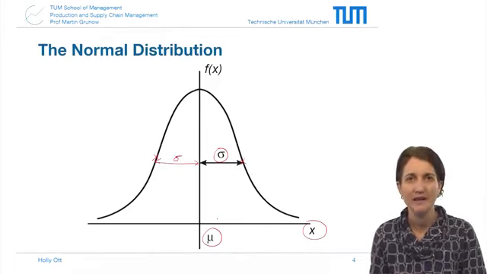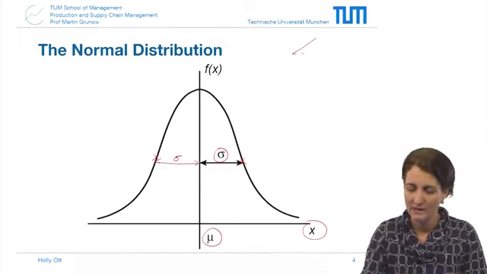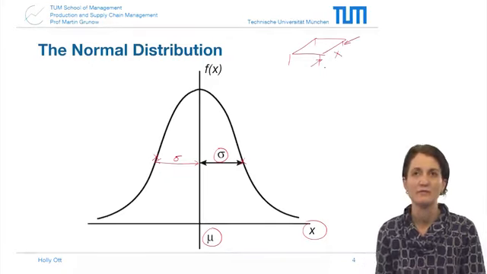Do you remember we were using an example of a table factory where our random variable was our tabletop length? If I draw my table here, we were looking at the tabletop length, X, as our random variable.